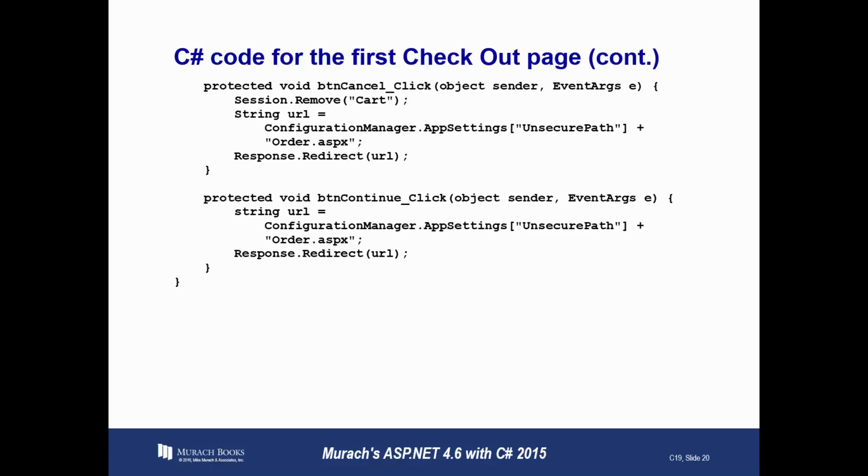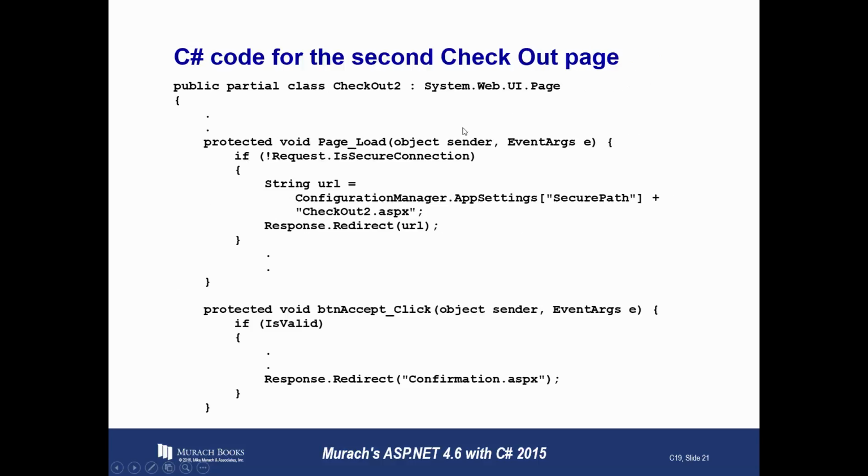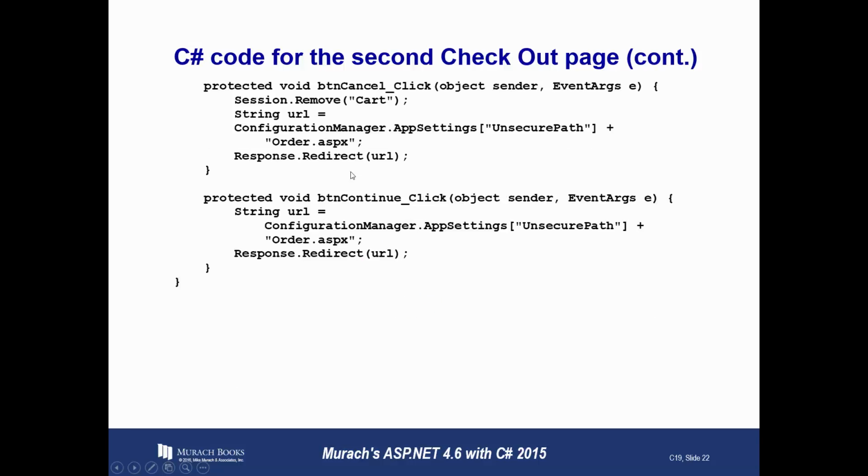Now, some of the confirmation code is also shown here. If the user clicks the Return to Order button on the page, you go back to the order page, which is a non-secure page. All right, that's what they're showing here with the unsecure path.